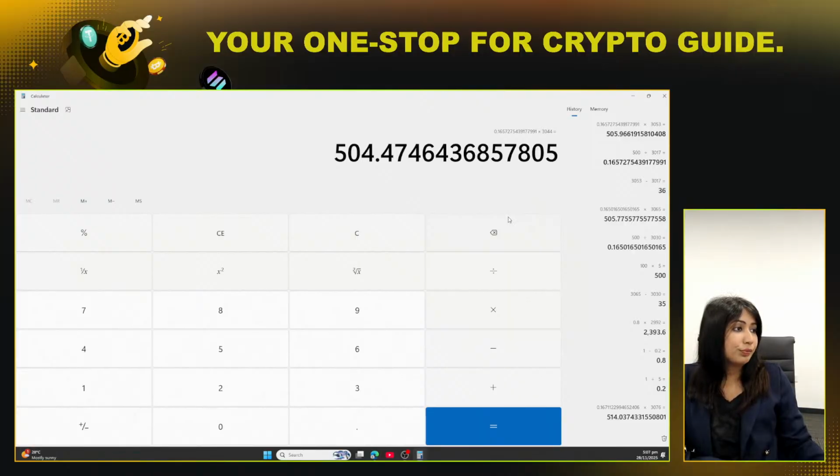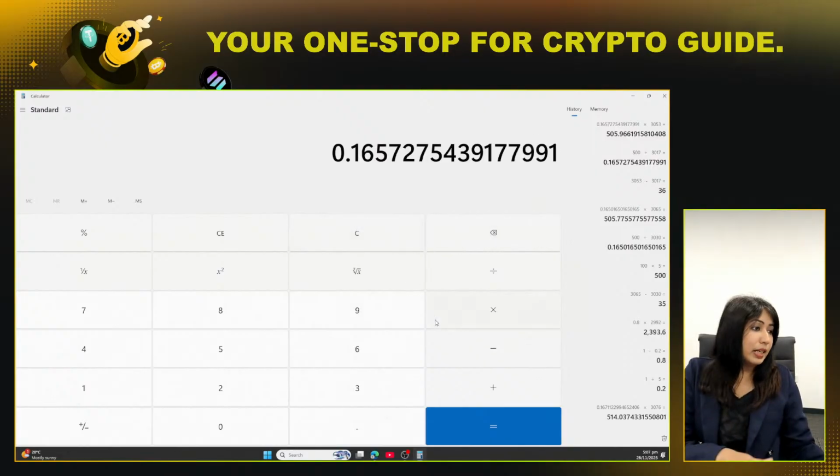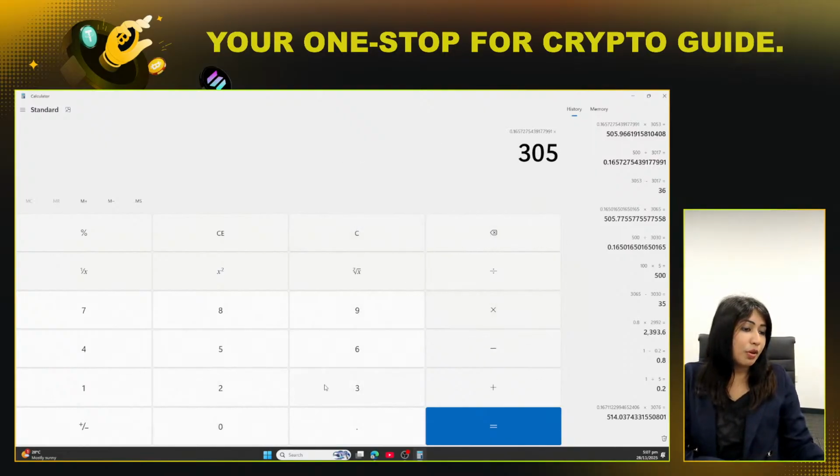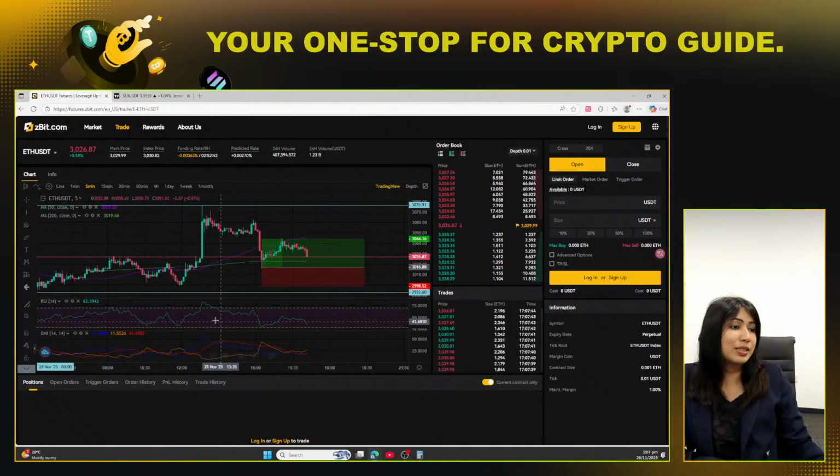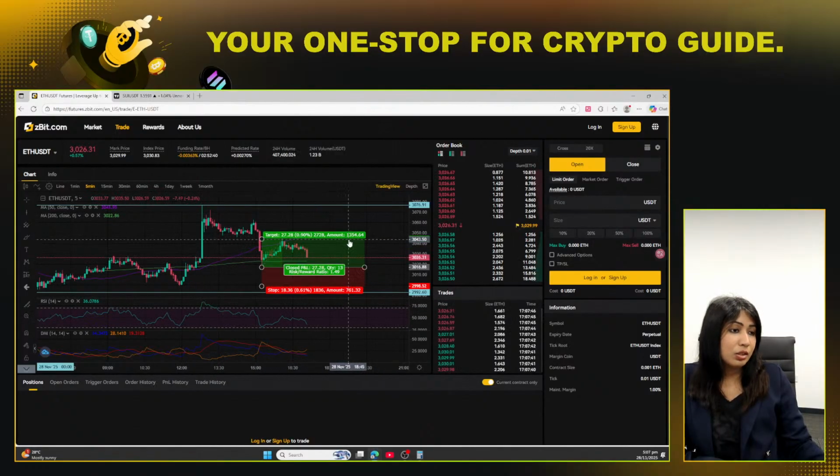If it was 3053, then the profit would have been a little more, like 5.96, close to $6. But if it's a little lower than that, 1.5 also is still good. I don't think it's bad. So if anybody would have exited at this stage also, you are still profitable.